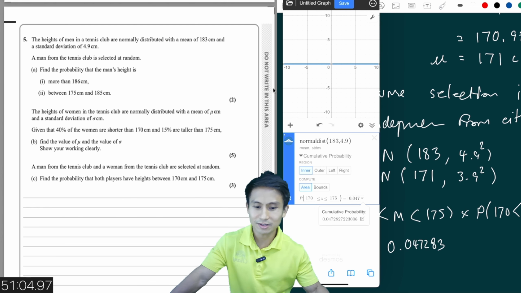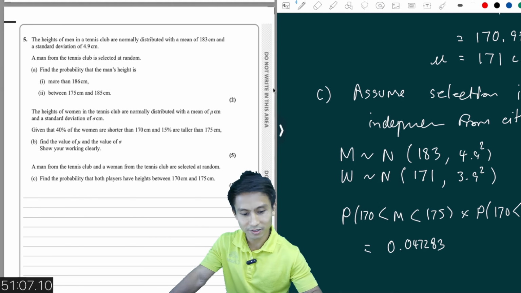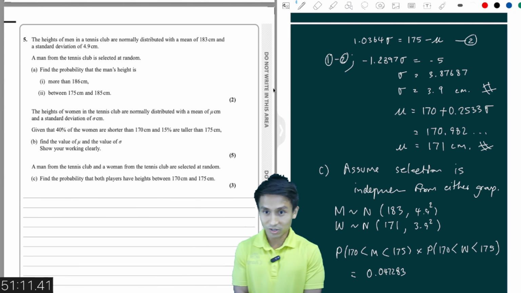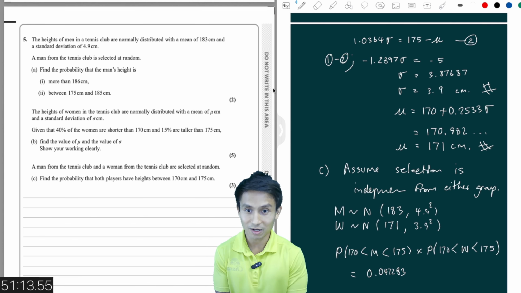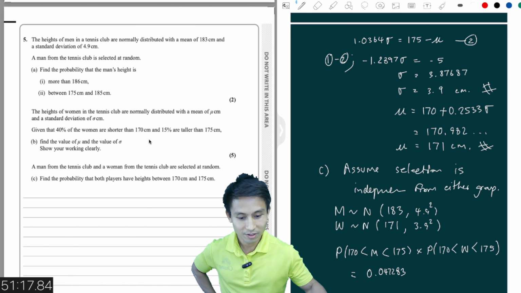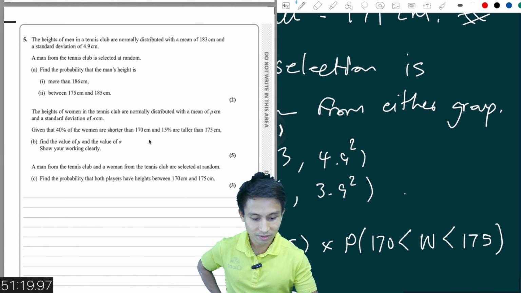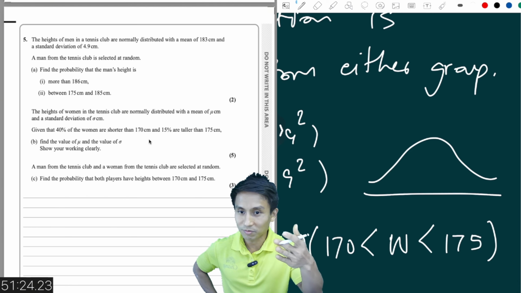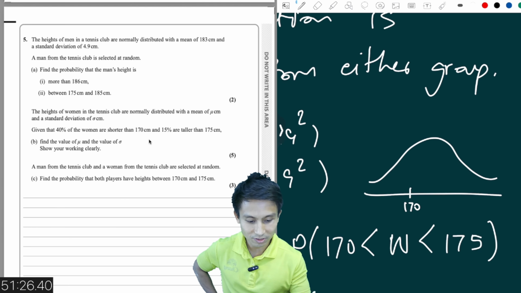And then for the woman, do we need a calculator, because we got 170 and 175 there. We need to make use of this data, right? So if I draw the simple bell curve for the information that we used in part B, this is 170 and this is 175, right?